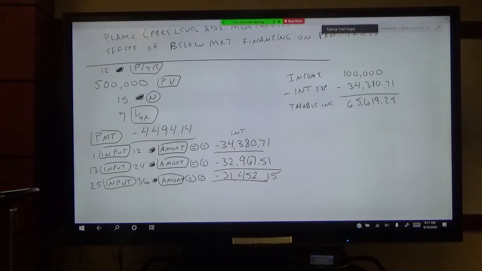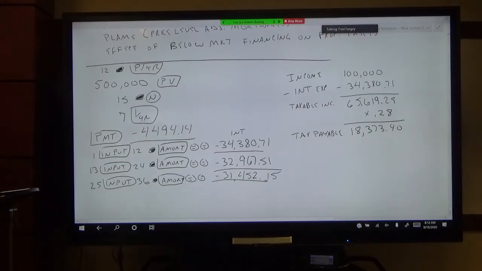Now, if this is now our new taxable income and our marginal tax rate is, let's say, 28%, that means our taxes payable would be $18,373, okay?